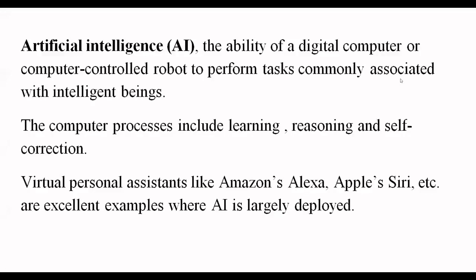So these are the three key components of a human brain: we learn, we reason, and we self-correct whenever we require. So we are trying to give the same ability to computers, and virtual personal assistants like Amazon's Alexa, Apple Siri, etc. are examples of artificial intelligence.